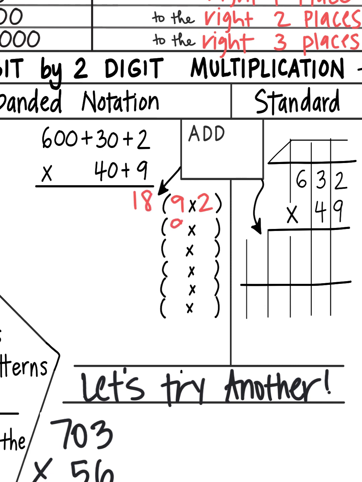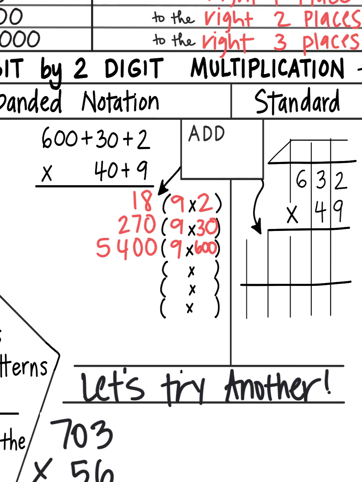Then I take that 9 in the ones place, and I multiply it by the tens place, which is really representing 9 times 30, which is 270. Then I'm going to take that 9 again in the ones place, and this time I'm going to multiply it by the hundreds place. So that's really going to be 9 times 600, which is 5,400. So this is the math behind it.